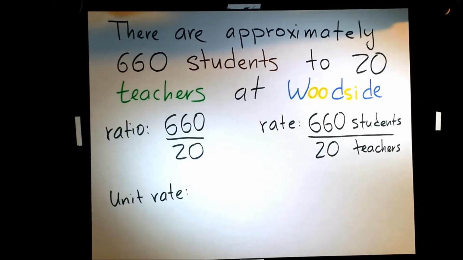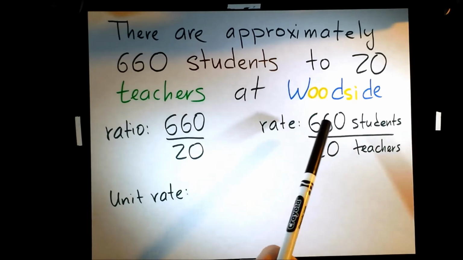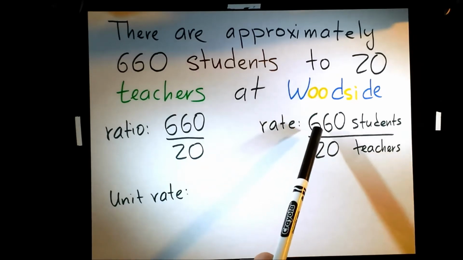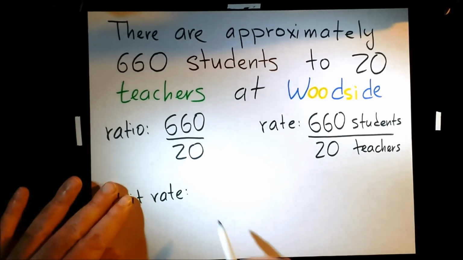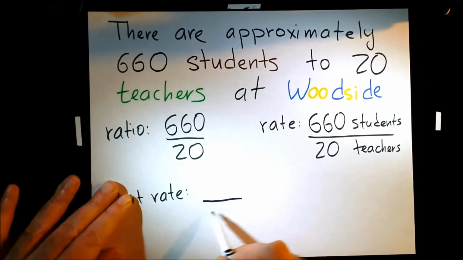Okay, not a problem. Can I break the 660 into something that has 20 inside of it? Think about it for a little bit. What times what gives you 660, but one of the multiplicatives has to be 20. So the bottom I want to keep is 20.